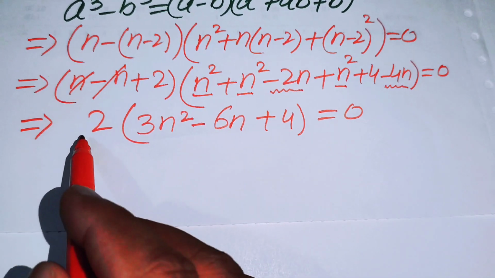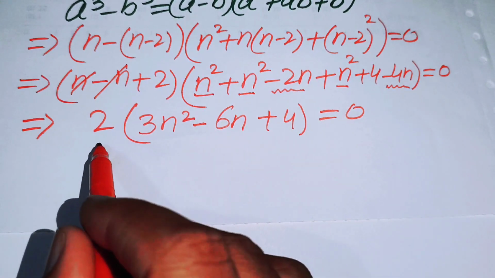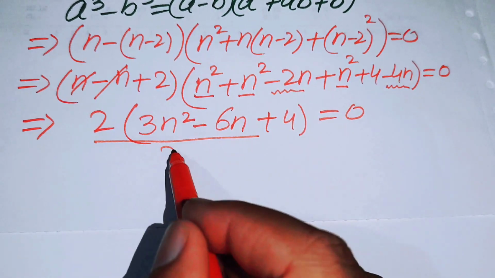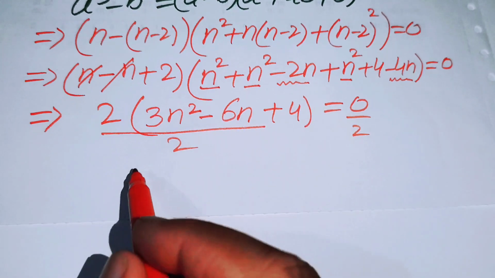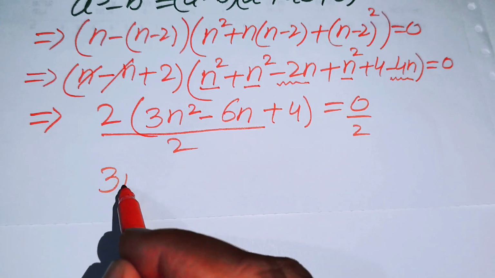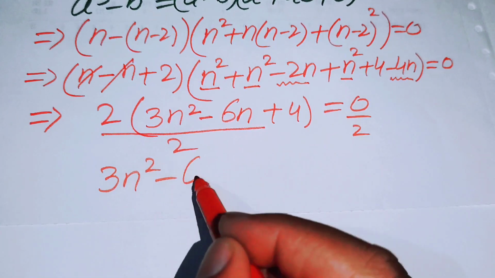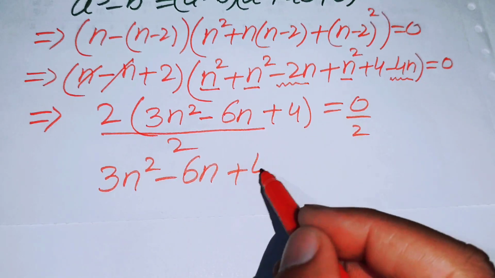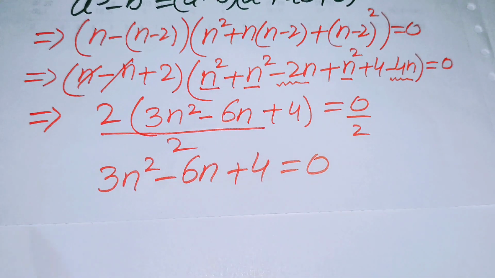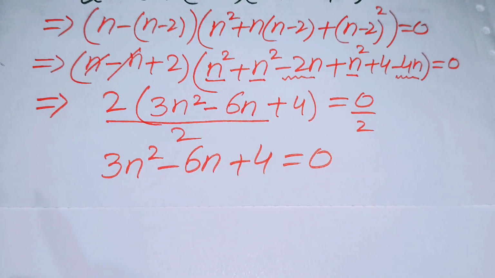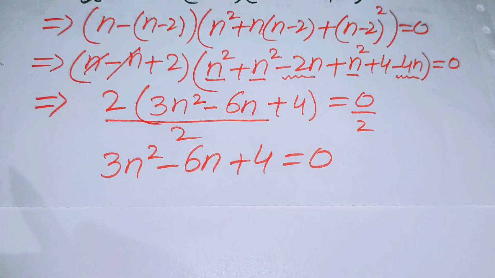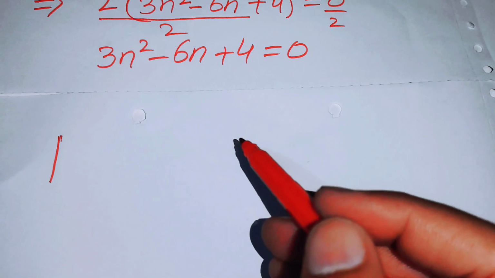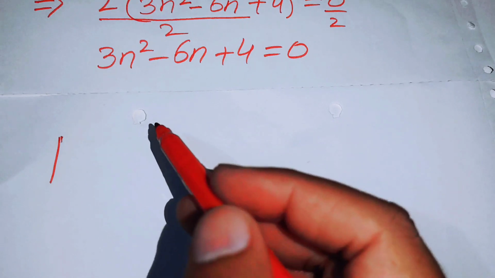And now we can move this 2 to the right hand side, or you can just divide both sides by 2, and you will finally get 3n squared minus 6n plus 4 is equal to 0. So now this equation becomes in the quadratic form. So now we can use here the nice quadratic formula in order to solve this problem.